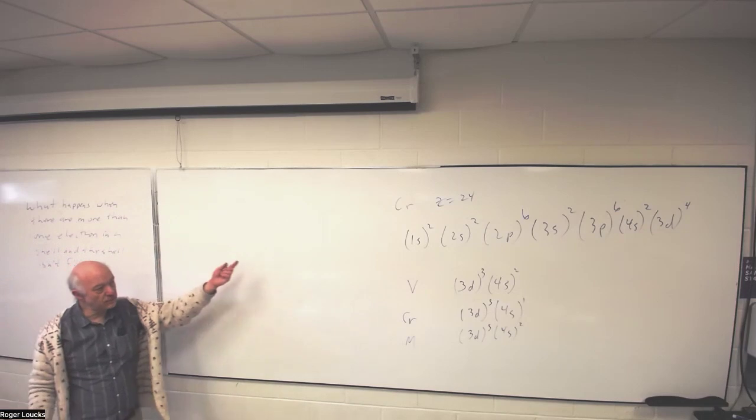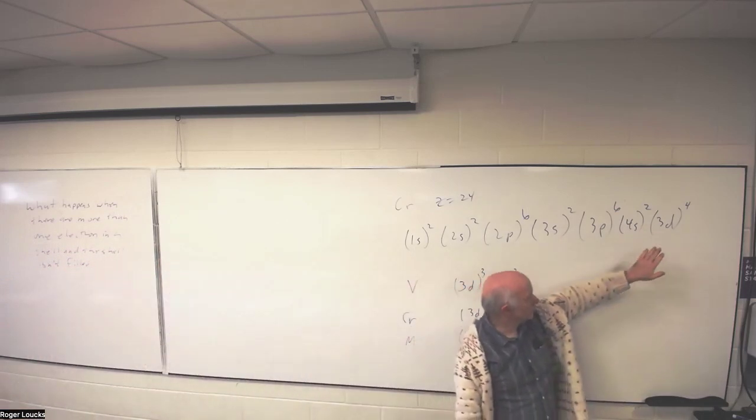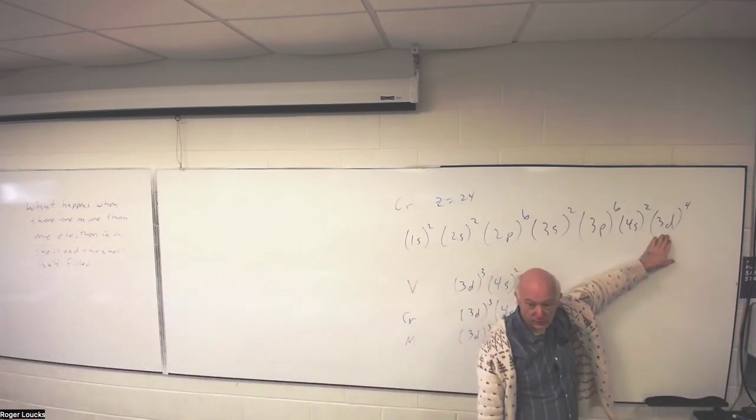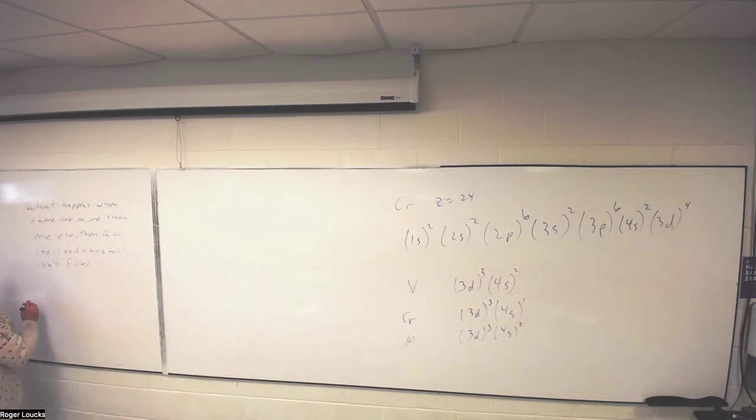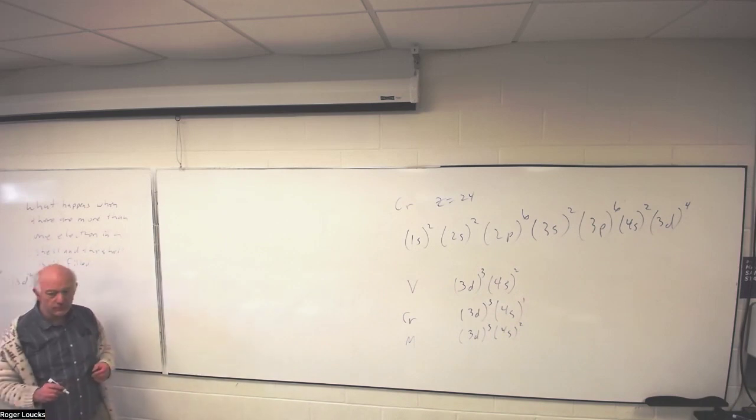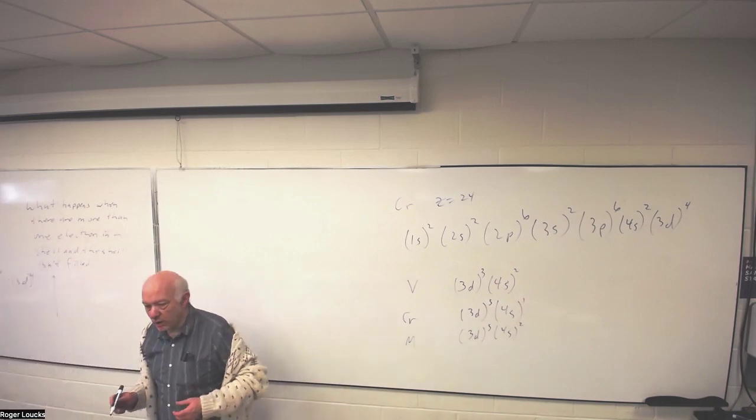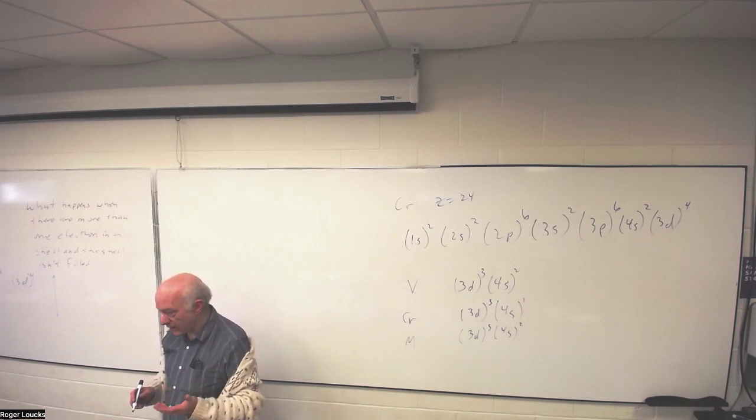So let's take this example here. What's going to happen in this case? Let's take the case where we have, as an example, 3D4. If you look at the energy level here, how many D states are there? There are 5, right?